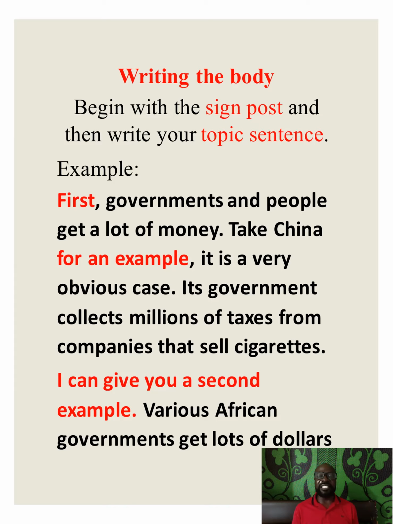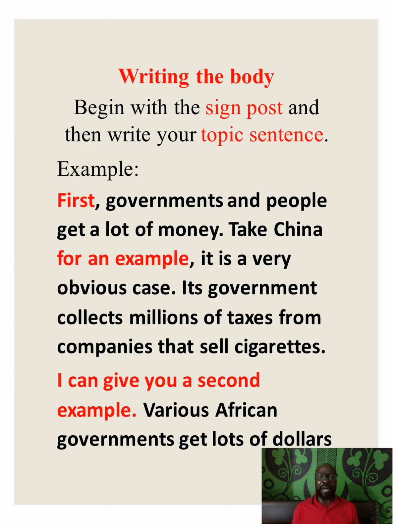They are supporting sentences. I can give you a second example. Various governments. You can see the topic sentence has the word government and it has a lot of money. In the second example, first, government gets money through taxes. What other way?